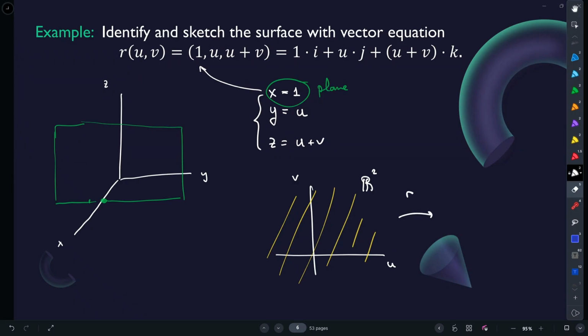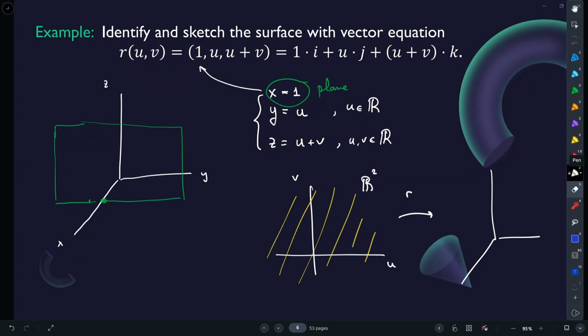Through this parameterization, we're going to parameterize something in 3D, but the parameters can be anywhere. Since the parameters can be anywhere, u can be any real number. That tells me that I can get all the possible y values. And here, u and v are any real numbers.